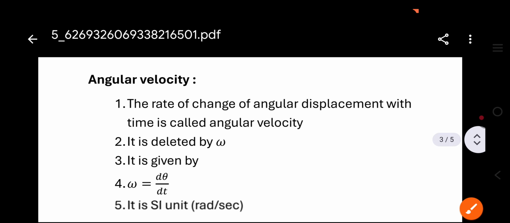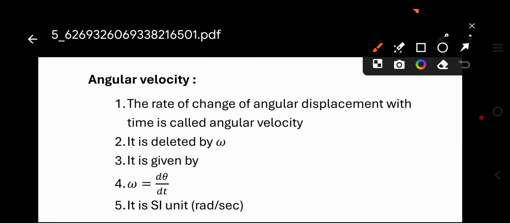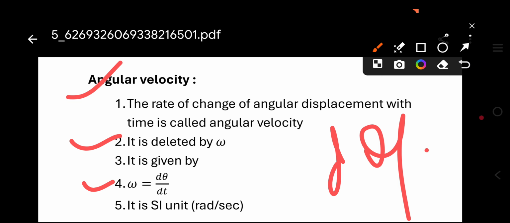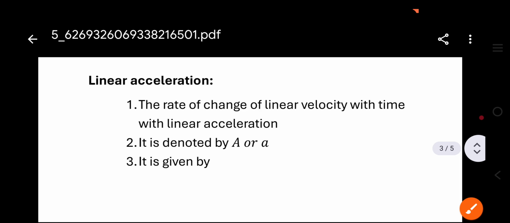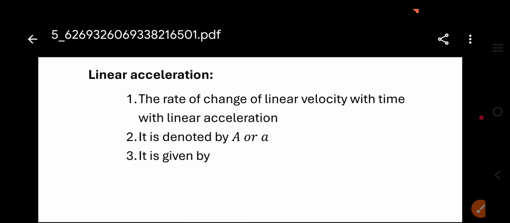Then angular velocity. The rate of change of angular displacement with time is called angular velocity. It is denoted by omega, where omega equal to d theta upon dt, and its SI unit is rad per second.